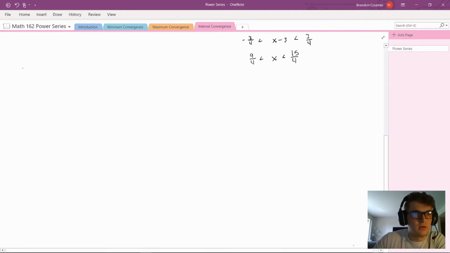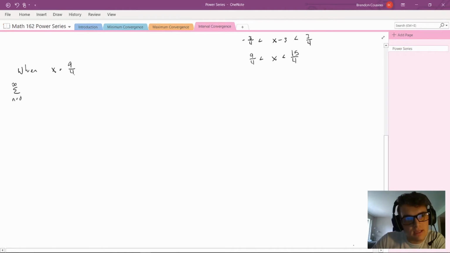Okay, so the first one is going to be when x is equal to 9 over 4. Let's write out our series. We have n is equal to 0 to infinity. Initially we had a 4x minus 12 to the n.